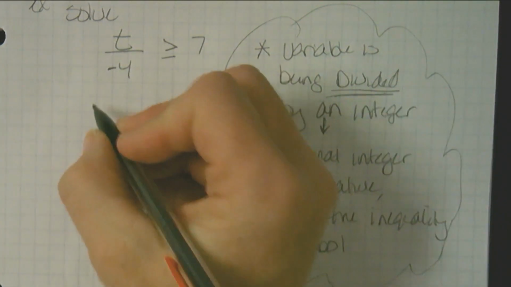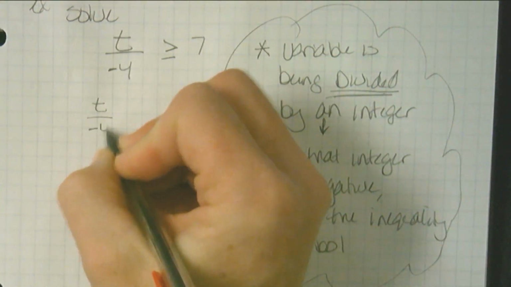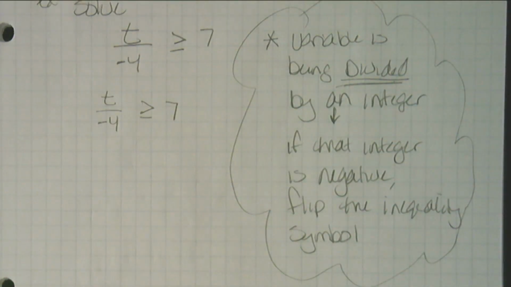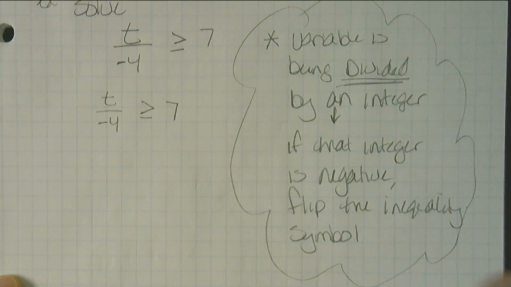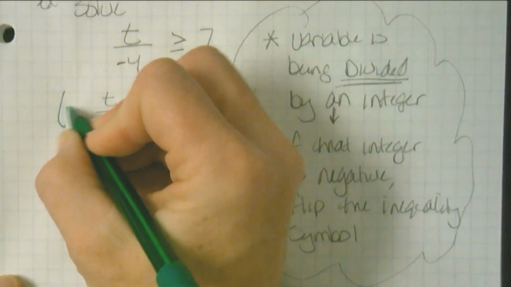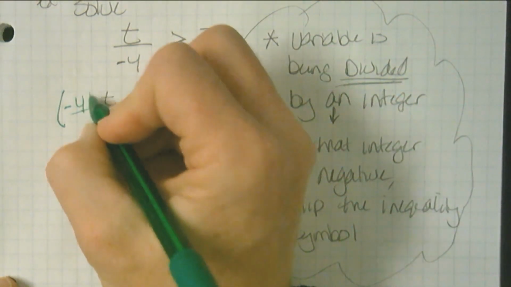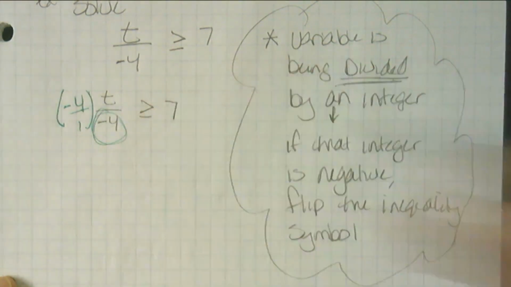Somebody tell me, how am I going to solve this inequality? How do I undo that division by negative 4? Romano? Multiply it by positive 4 or negative 4. Remember, you are multiplying by exactly that same number.